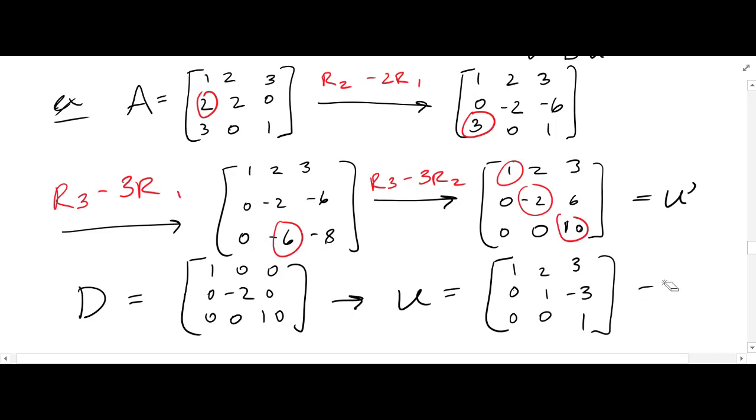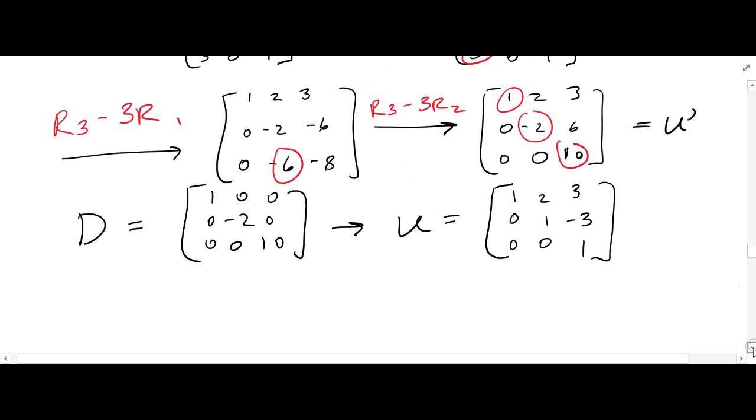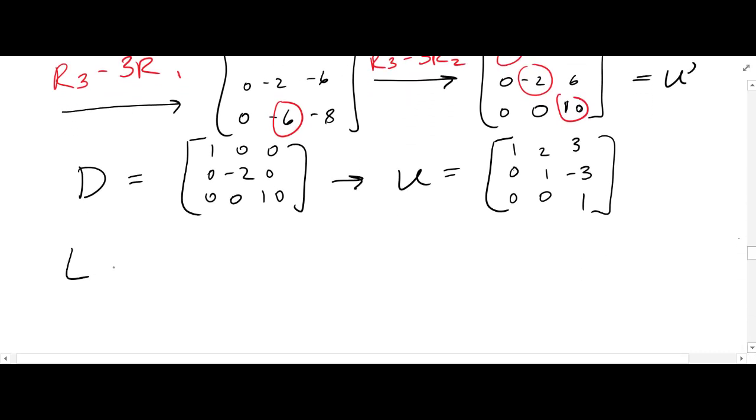So that's U. Well, I already wrote it. Okay, so that's U. And L is U transpose. So L is just the transpose.